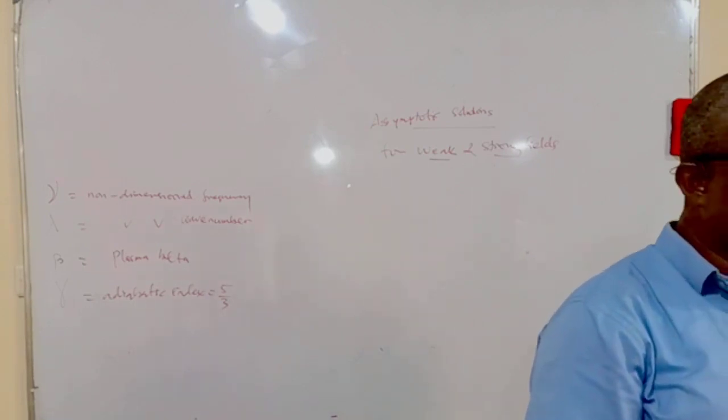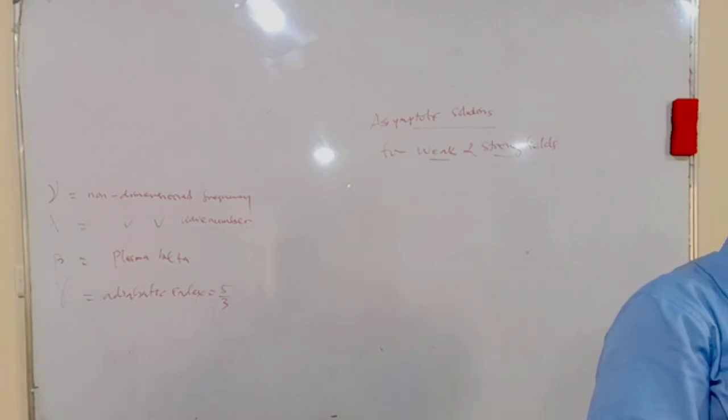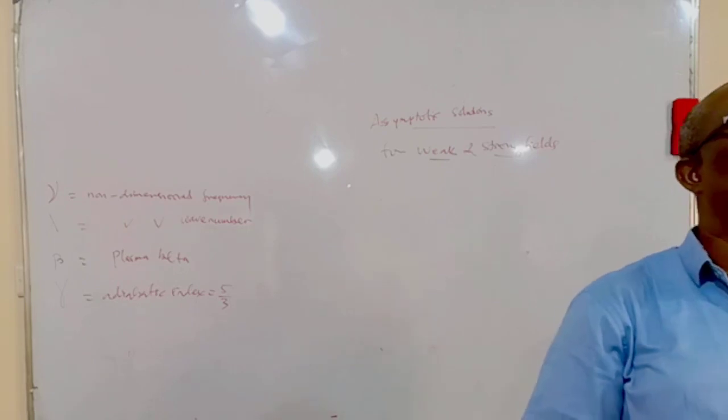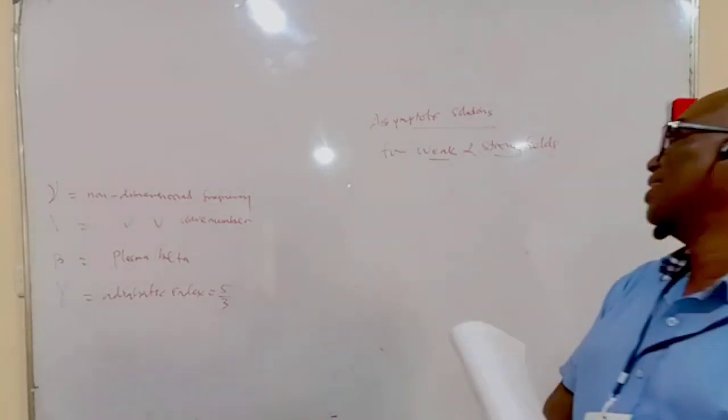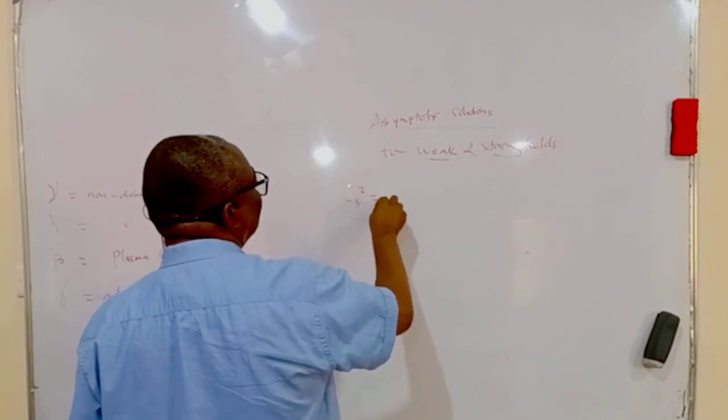Now you can see one interesting thing that comes. The sound speed or acoustic speed does not depend on magnetic field. Is it not? True or false now? Oh, see, CS squared is equal to what?